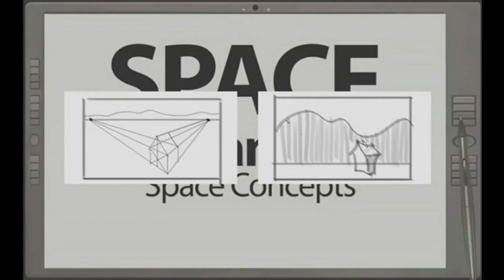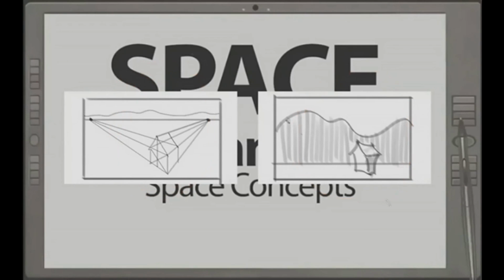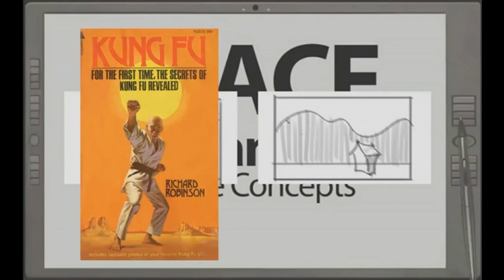So I'm dividing space into two categories, deep space painting, and then there's shallow space painting, or limited space as it's also called. I'm going to show you a painting done for a book cover in which deep space has been applied. And with deep space painting, you can get this more sculptural look created with light and shadow like you see here.